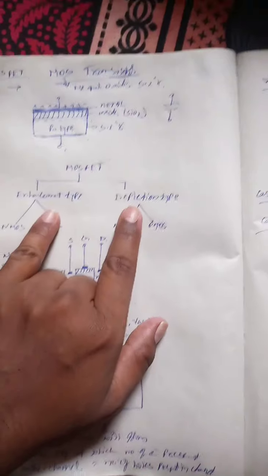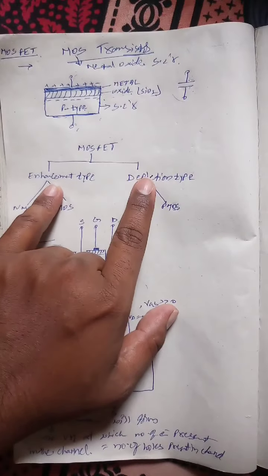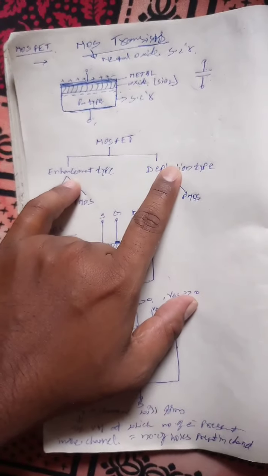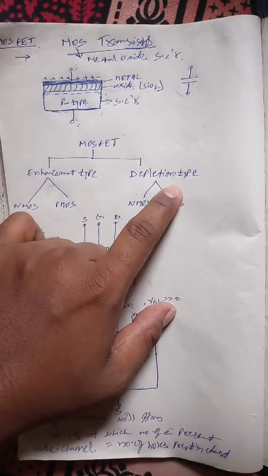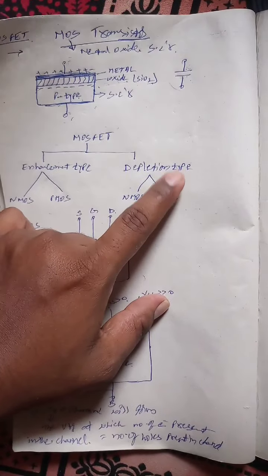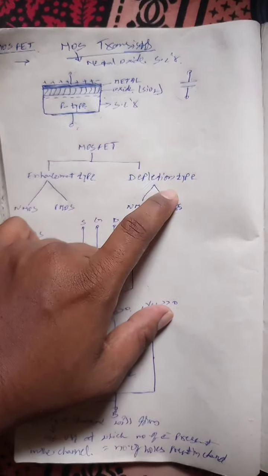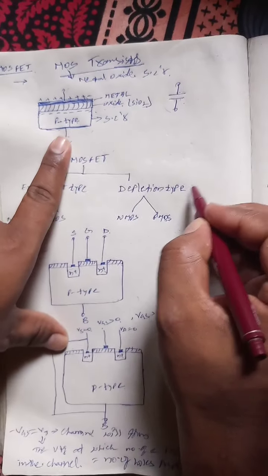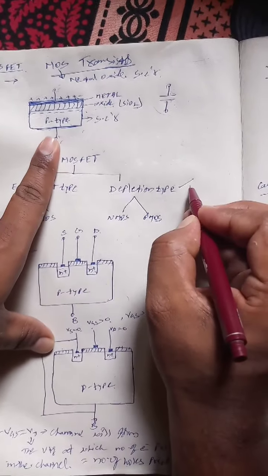What is the difference between enhancement MOSFET and depletion type MOSFET? In the depletion type MOSFET, the channel exists initially, without giving any type of input. This is the main drawback or disadvantage of the depletion type MOSFET.